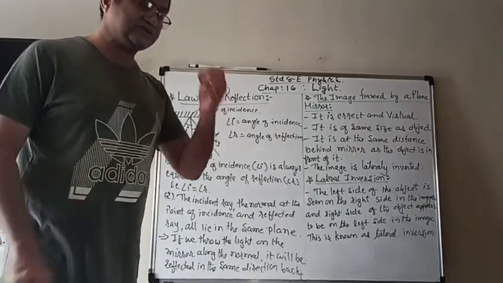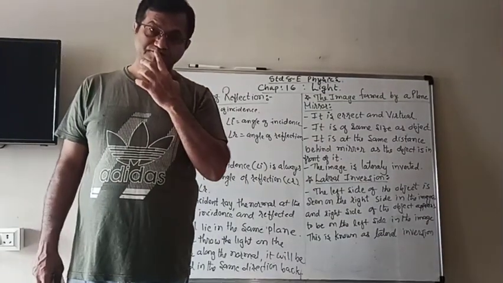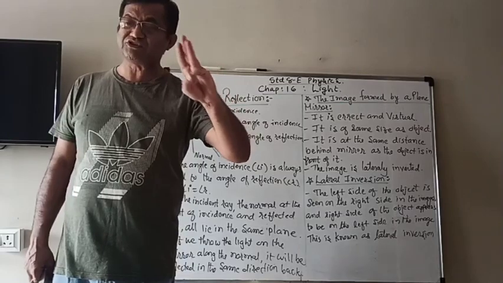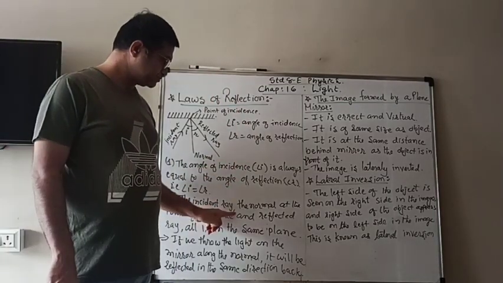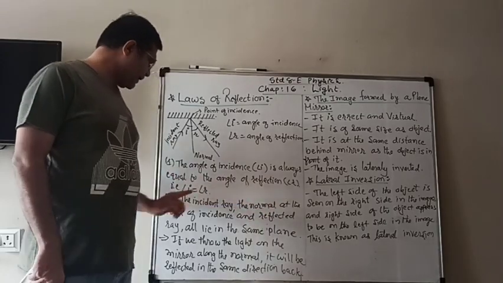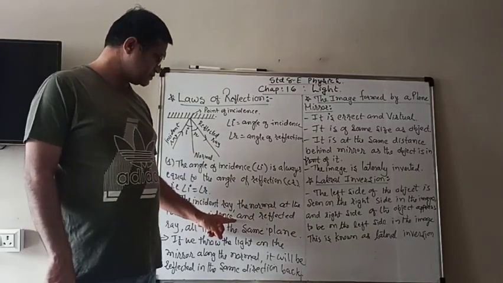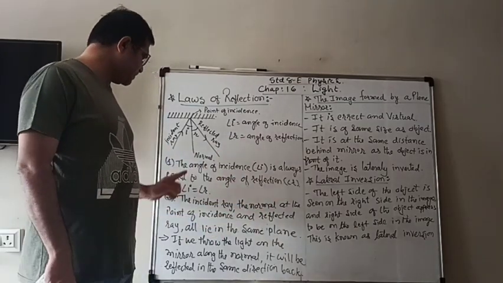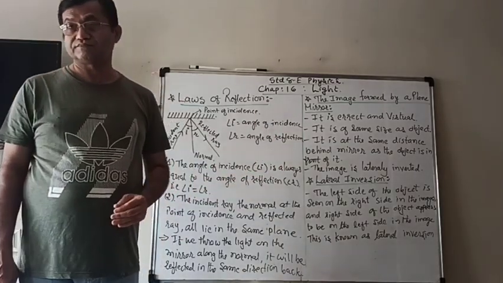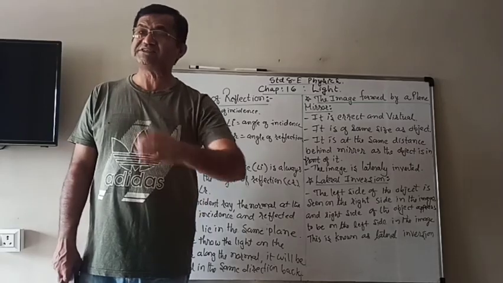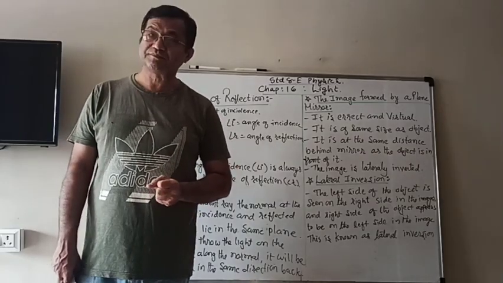So this activity shows three things. Which are the three things? The incident ray, the normal at the point of incidence, and the reflected ray all lie in the same plane. When you bend it, we couldn't see the reflected ray.